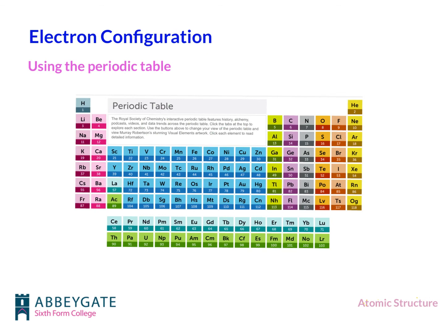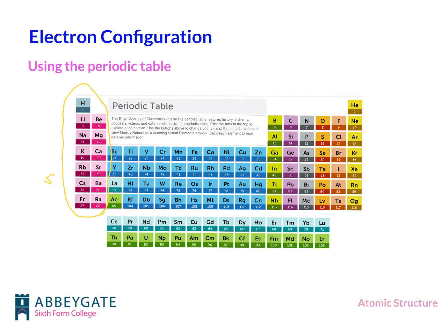So let's just have a final note on how we can use the periodic table and how this all goes through the periodic table. The periodic table is divided up into blocks. The first part of the periodic table, this block here with the alkali metals and the alkaline earth metals, is known as the s block.